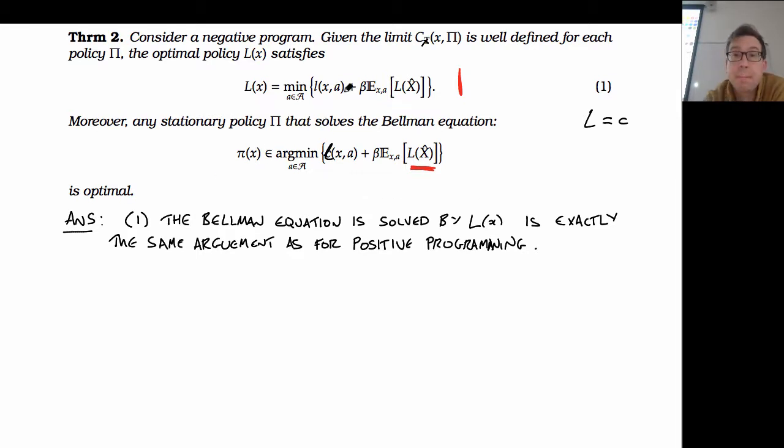Okay, so it's basically the same idea as before. We just repeatedly substitute this sort of Bellman recursion into itself, okay? So notice that L of x, we know, satisfies this equality.